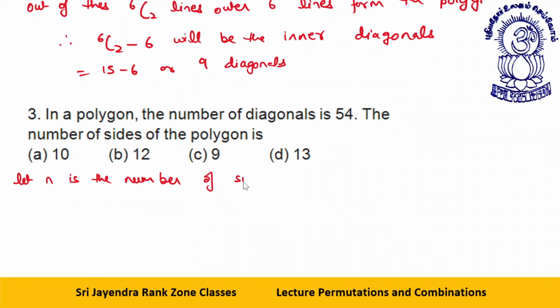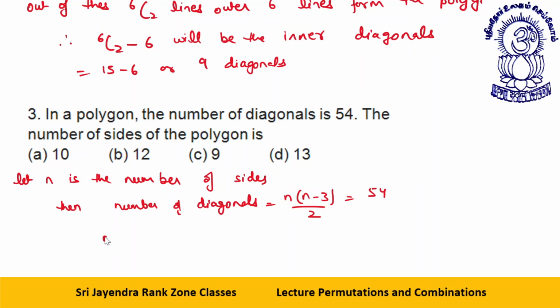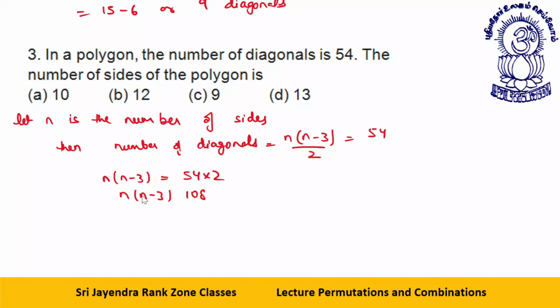Then the number of diagonals is n(n minus 3)/2. I've just proved it to you a few minutes back. So n(n minus 3) is equal to 54 into 2. Either you can solve it or you can interpret it like this, the way I'm doing. This is 12, this is 9, which is equal to 108. So n is equal to 12. I hope all this is clear to everyone. Okay.